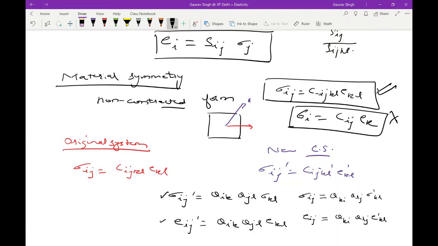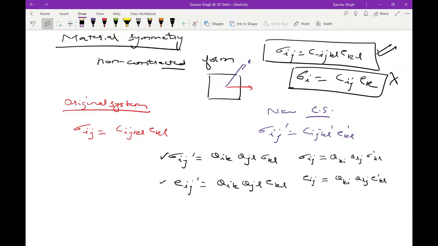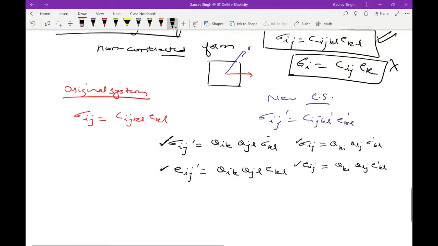So this is purple to red, red to purple. These two exist because stress and strain are tensors.